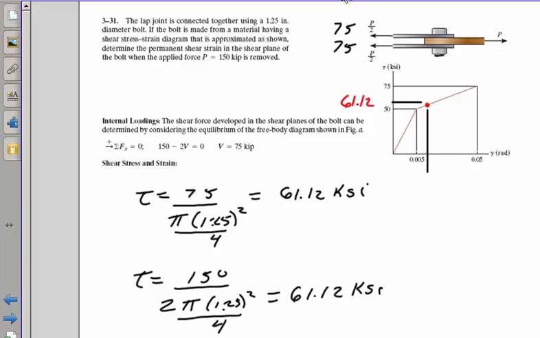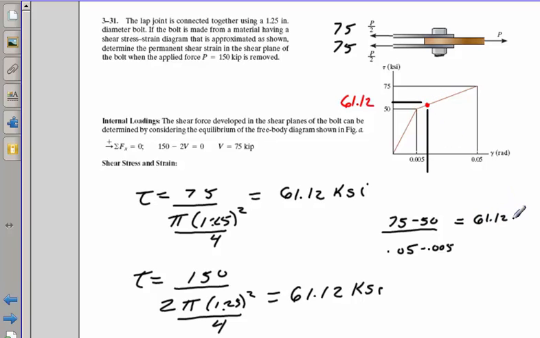Right there. So to do that, basically you know what the slope of this is. You know the slope is going to be 75 minus 50 over 0.05 minus 0.005. All you have to do is set that equal to 61.12, this value here, minus this.